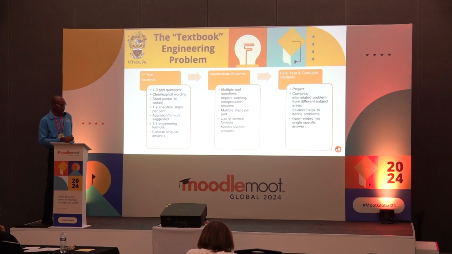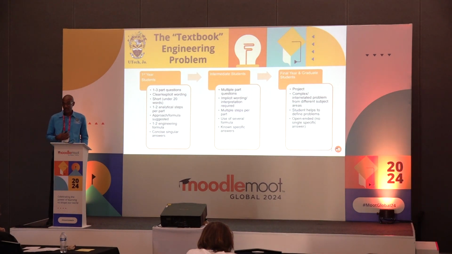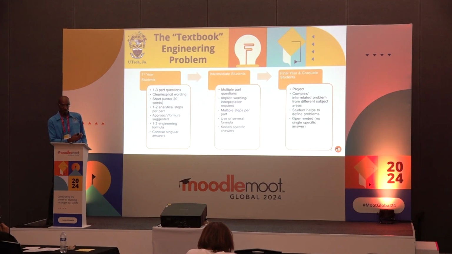But by the time you become a final year student, there is no one right answer. You're a solver. You are supposed to craft the problem, and you're supposed to present a solution. You're not being told what the solution is. You are giving me a solution. And this is ultimately where we want our graduates from our engineering course of study to be able to perform.